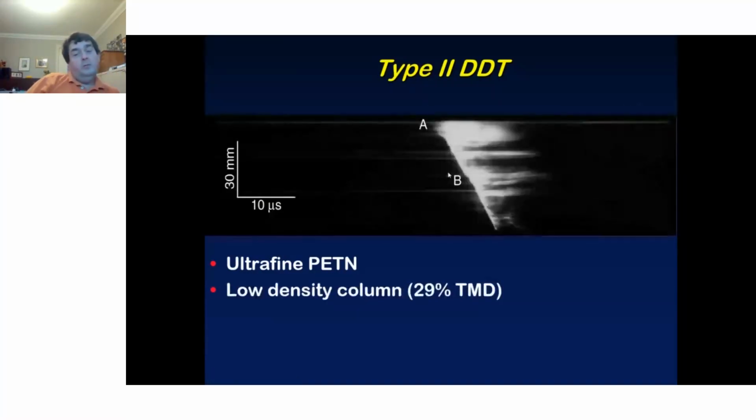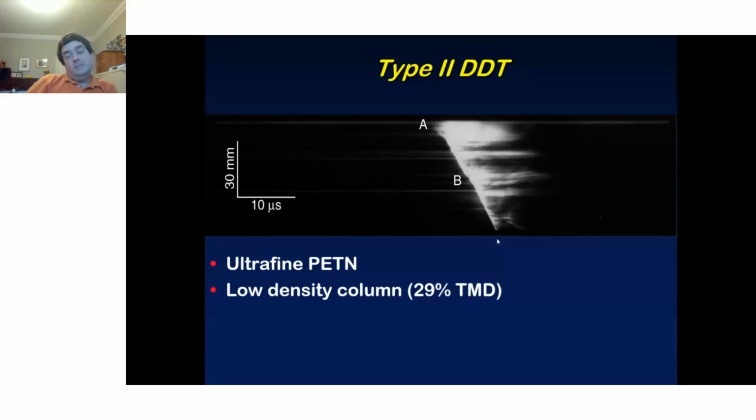What we found though, with this very fine-grained material, we could start the tube burning at the bottom, but the detonation happened at the top of the tube. So at the side, well away from the ignition point. Also, the slope of the line indicated a higher detonation velocity. So there was something quite strange going on here.